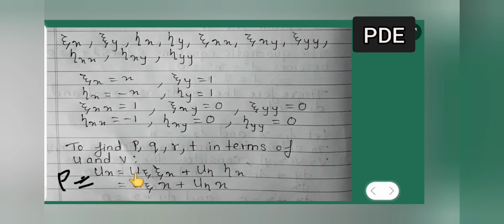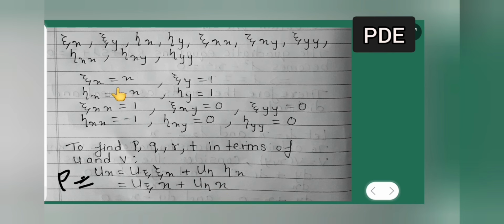This is equal to u xi into xi x plus u eta into eta x. Now what is u xi, and what is eta x? Eta x is nothing but x. Plug the value over here, plus u eta into xi x.